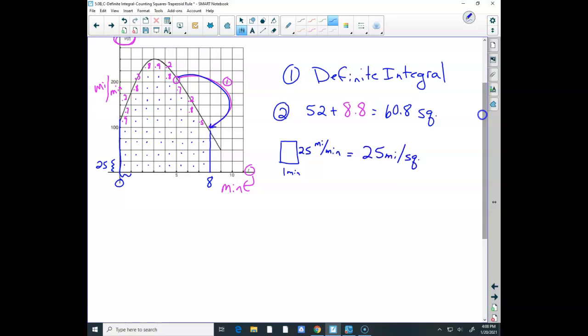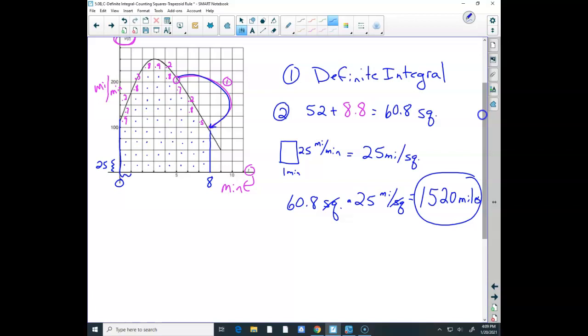And if I take my 60.8 squares times my 25 miles per square and multiply them together, what I came up with is Ella traveled 1,520 miles. I might be too heavy, I might be too little, but I'm going to be pretty close, I think, to what I had there.